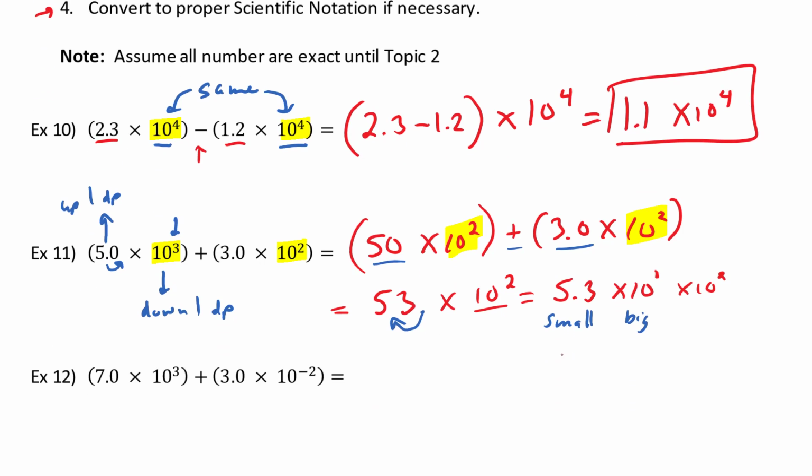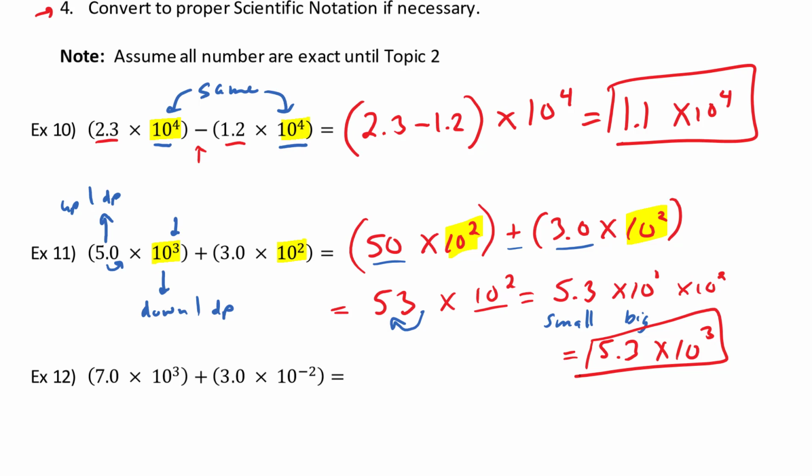Let's combine those together. 5.3 times 10 to the exponent 3. Final answer. You can see when we have a different exponent on the base of 10, we must convert them first so they have the exact same exponent. We do that by adjusting that a value, that number that comes before our base of 10 exponent.